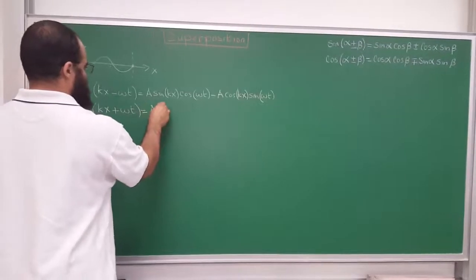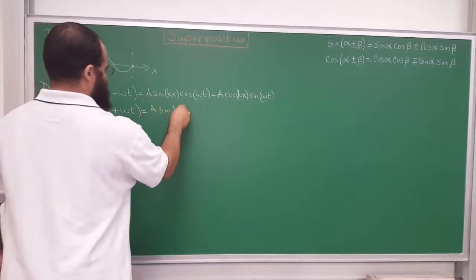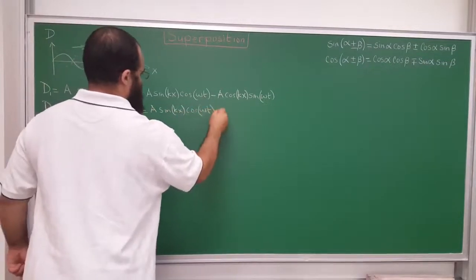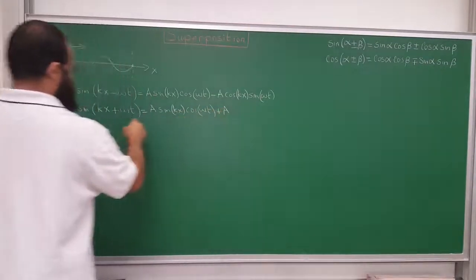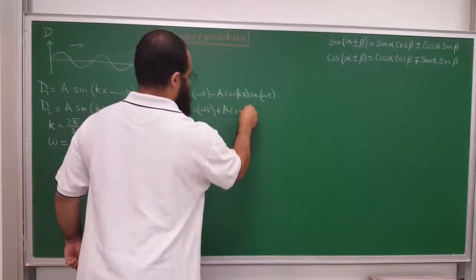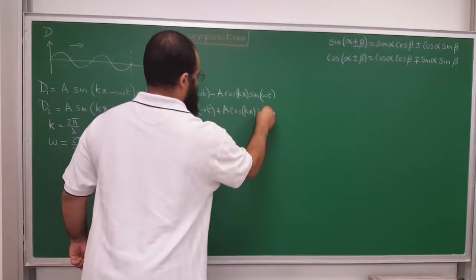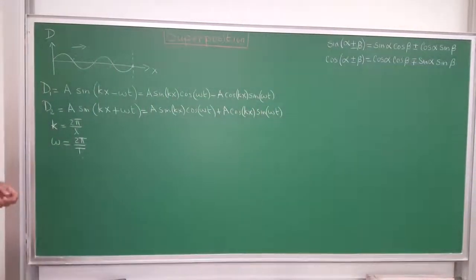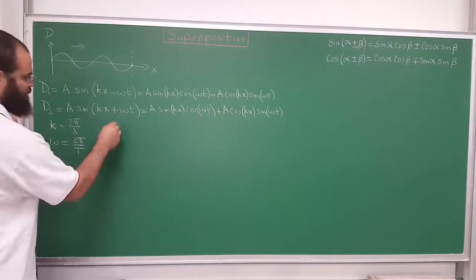I have a times the sine of kx cosine of omega t, and then plus, because there is a plus sign here, the cosine of kx times the sine of omega t. And now let's see what we get when we add both of them.